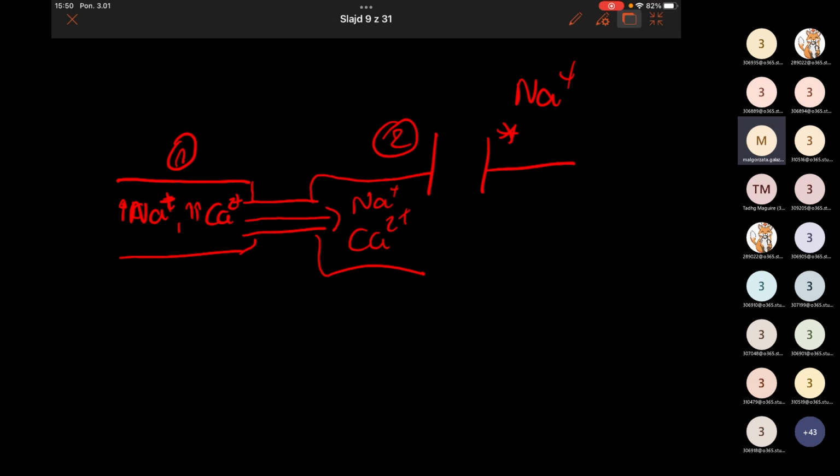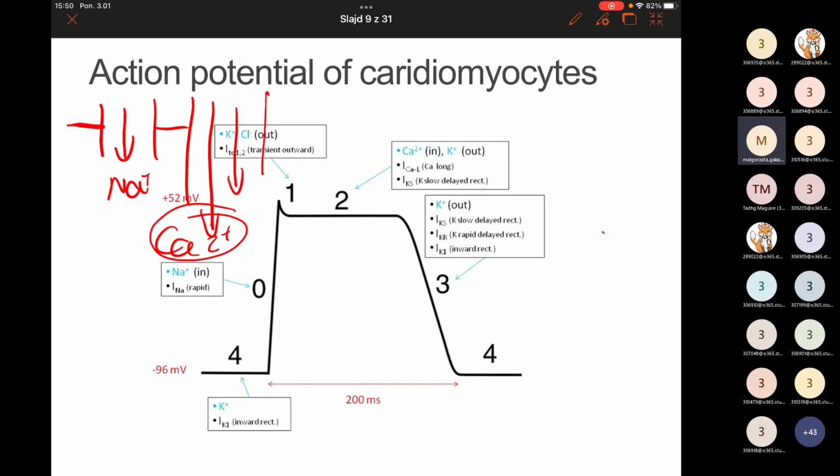So the influx of ions through the gap junction activates fast voltage-gated sodium channels, which leads to phase zero of the action potential, so fast depolarization.